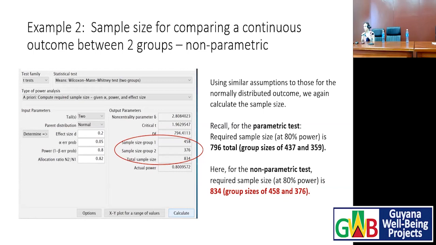What that shows is that when you are able to use a parametric test, which means assuming something about the distribution, such as a normal distribution of our outcomes, we can get away with a little bit smaller sample size and still retain the same power. That's an advantage if we can do that.